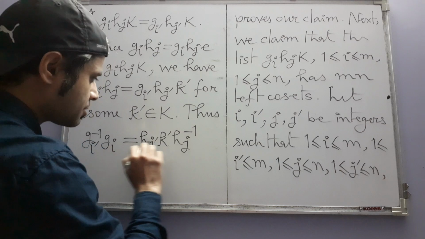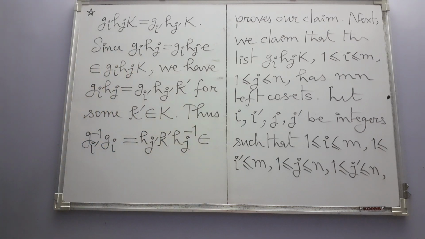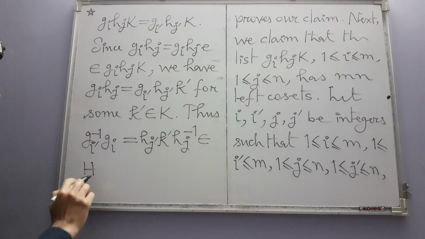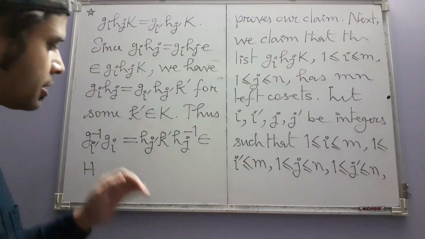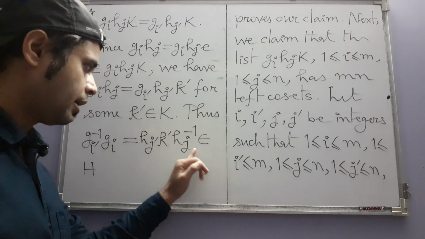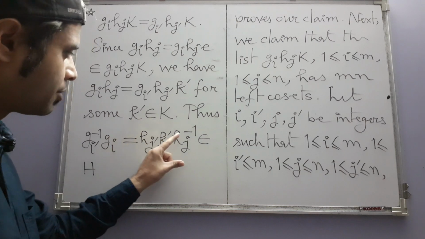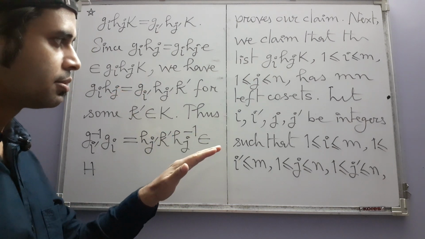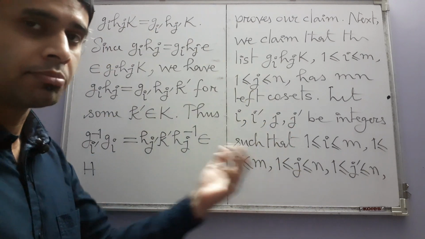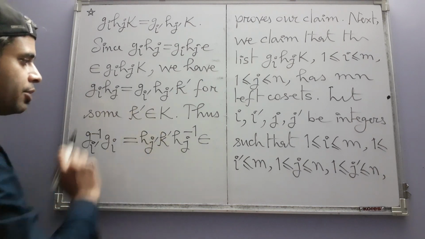And this right hand side element actually belongs to what? It actually belongs to H. Why does it belong to H? We of course understand that this Hj prime and Hj and hence its inverse, they belong to H, because these are elements that are coming from our subgroup capital H. However, what about K prime?